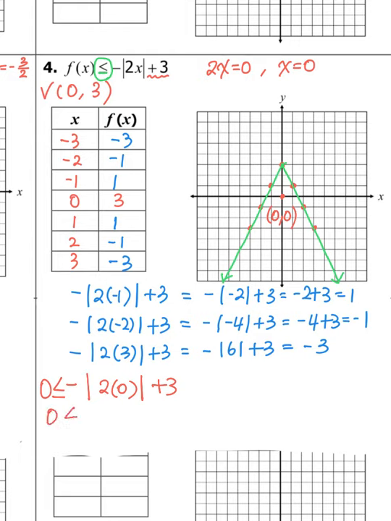Okay, so 0 is less than or equal to 0 plus 3, which is 0 is less than or equal to 3. Does this make a true statement? Yes, it does. So we're going to shade this area, which includes the point that we chose, (0, 0).